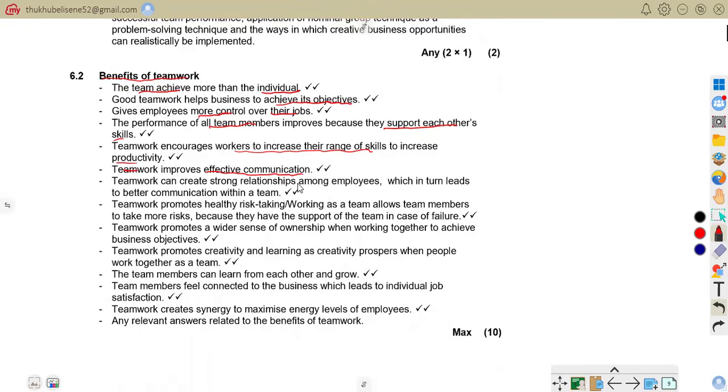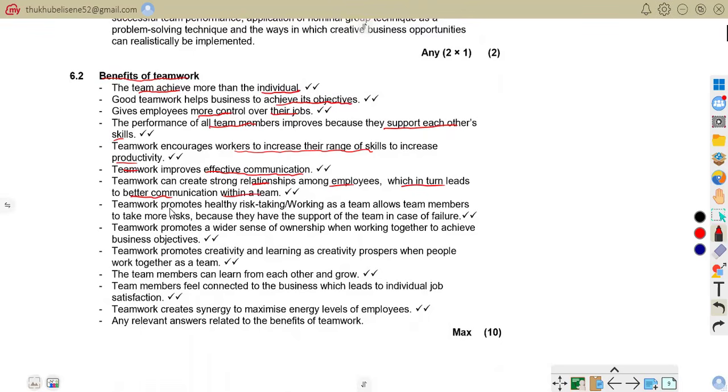If people are working together, that improves the communication. Meaning they are going to share information clearly and keep everyone informed, avoiding misunderstanding and so on. Teamwork can build strong relationships among employees, which in turn leads to better communication within a team.